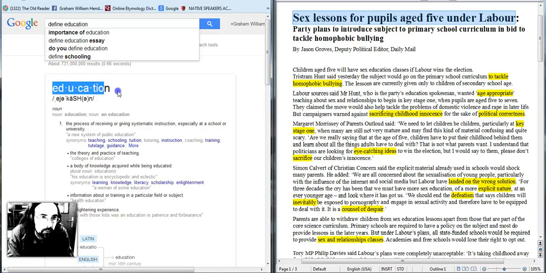Education: the process of receiving or giving systematic instruction, especially at a school or university, in modern English. An enlightening experience.